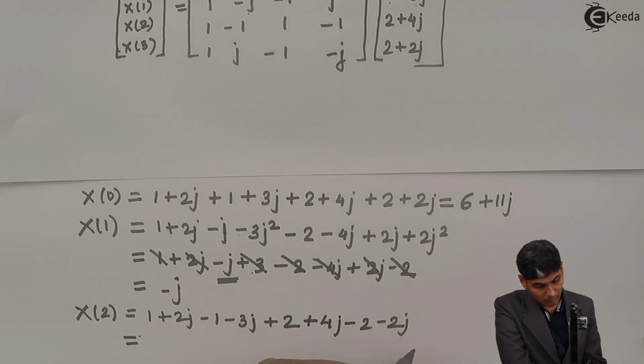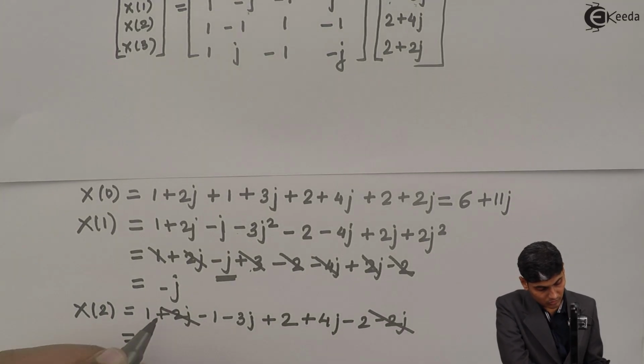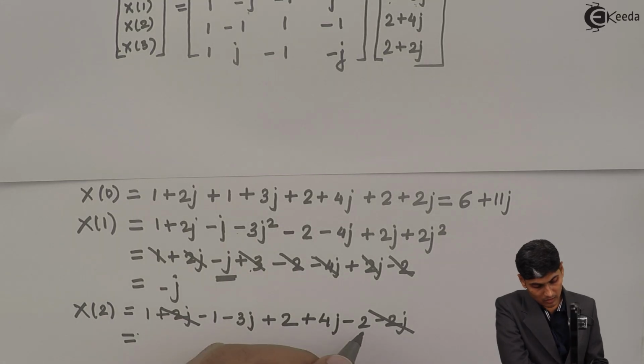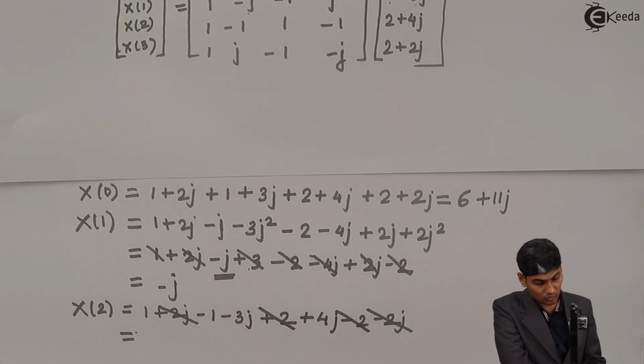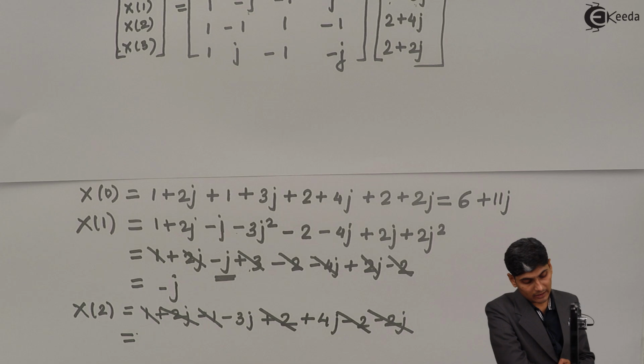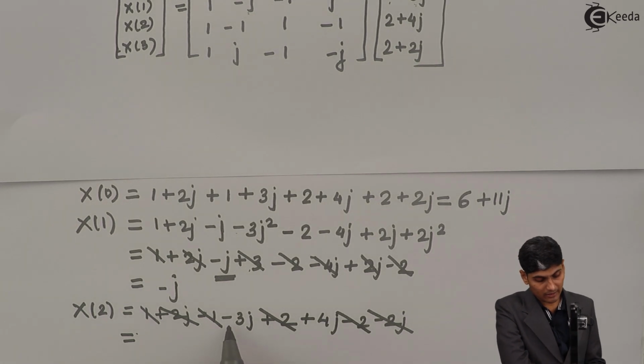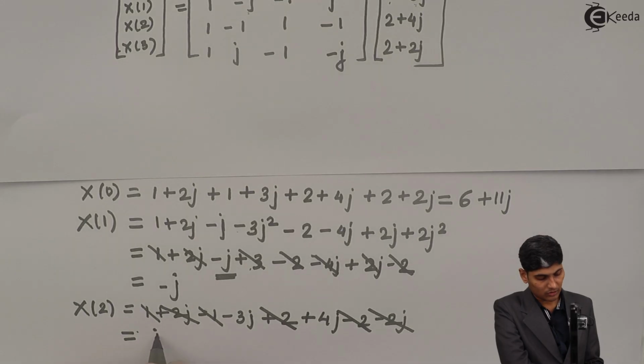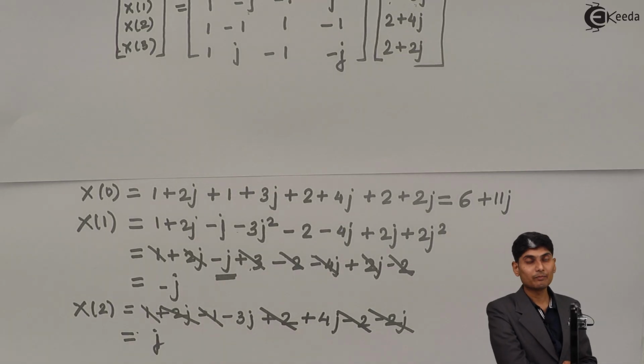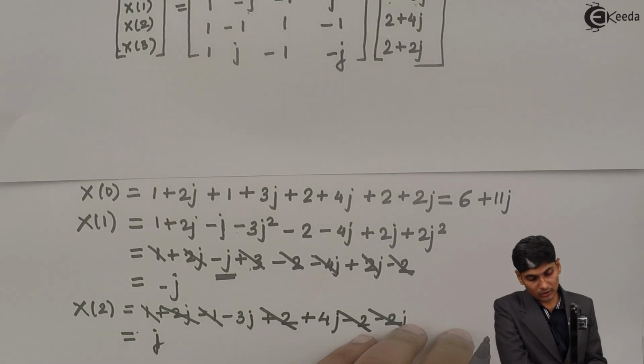So now here plus 2j minus 2j will get cancelled, plus 2 minus 2 will get cancelled. I have minus 1 plus 1 getting cancelled, and here I have minus 3j plus 4j, so the answer will be j.